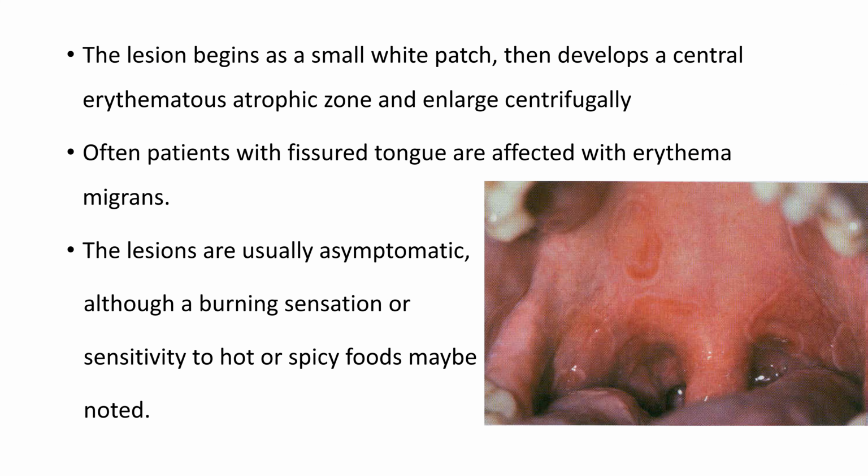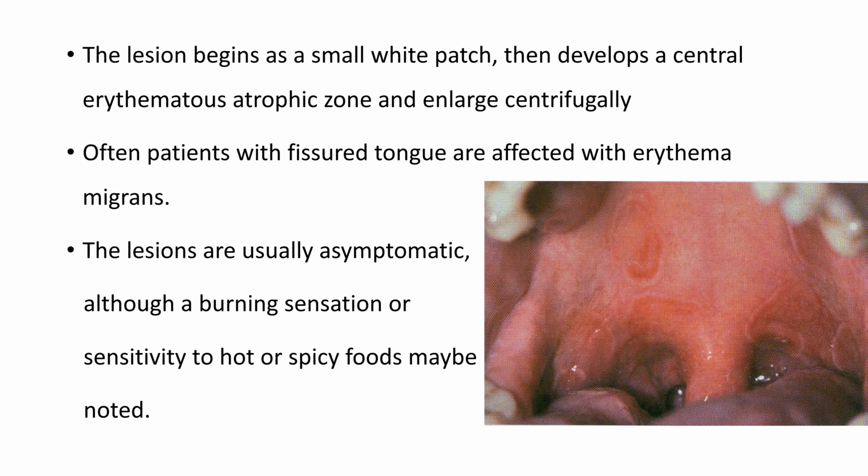Patients usually describe the lesions as appearing quickly in one area, healing within a few days or few weeks, then developing in a very different area. The lesion begins as a small white patch, then develops a central erythematous atrophic zone, and it enlarges centrifugally.